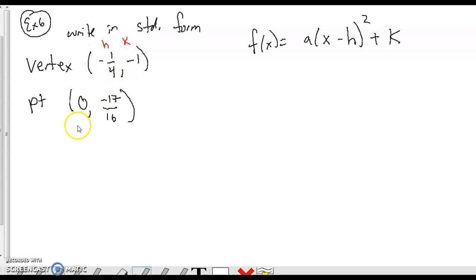Okay, so I'm going to go ahead and plug things in. Here's my h and k, here's my x, here's my f(x). So this is going to be -17/16 is equal to a(0 - (-1/4))^2 + (-1), that's important.